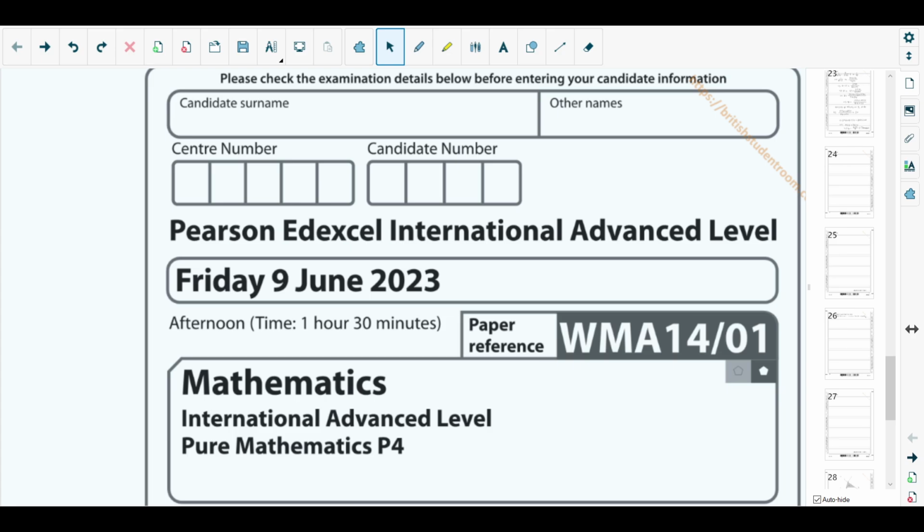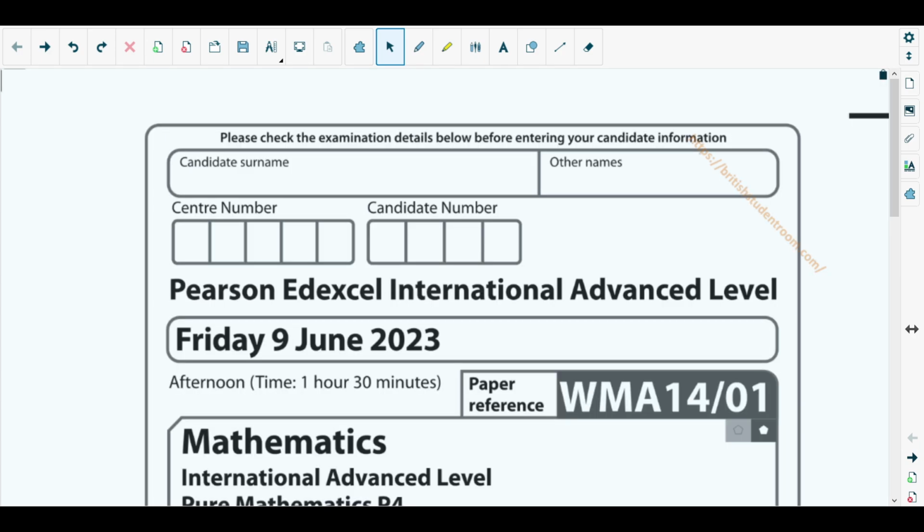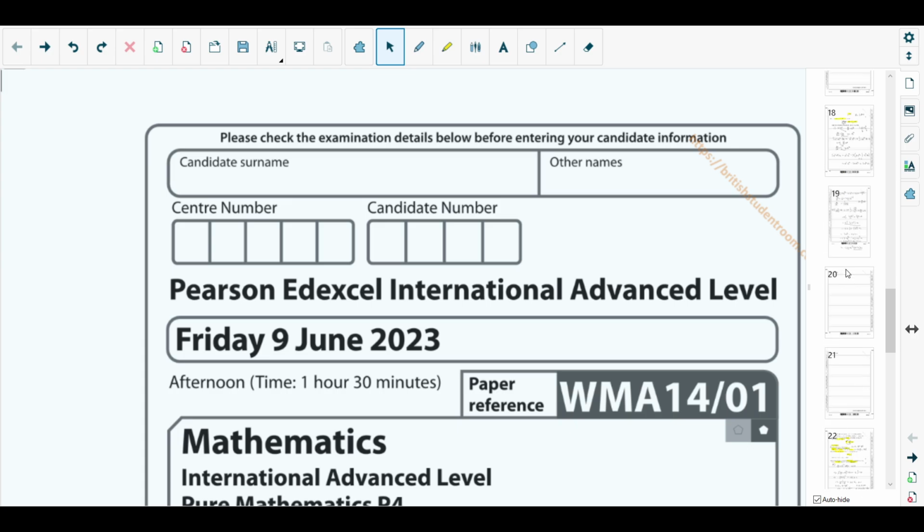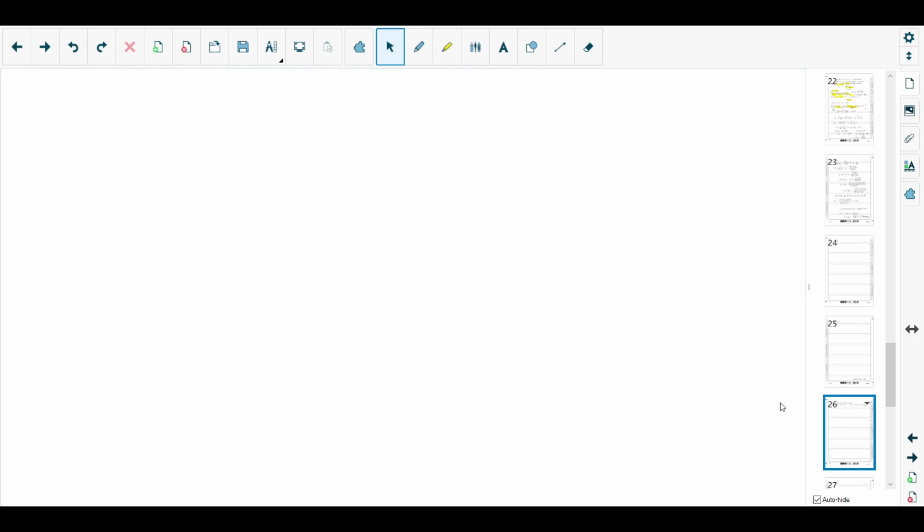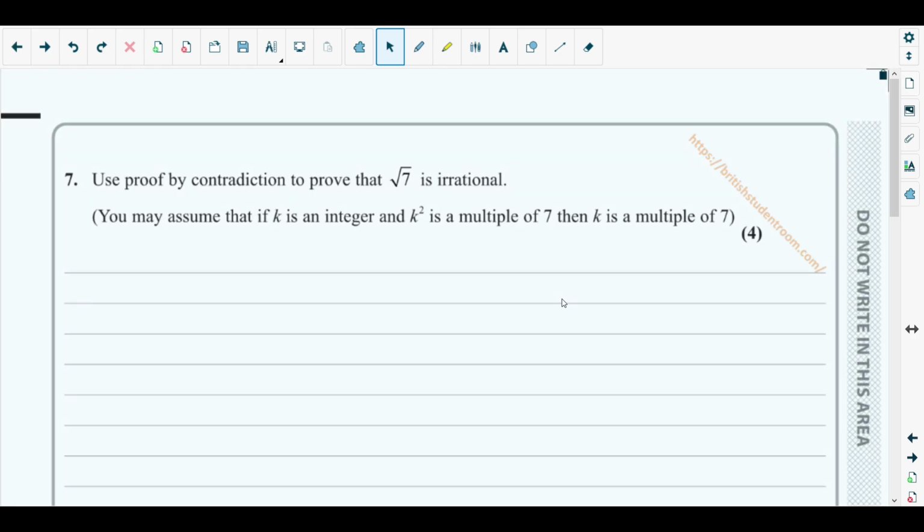So in this video we will be solving question number 7 from June 2023 P4 paper. So let's see what question number 7 is about. Basically it's from proof by contradiction, that has been discussed in the very first chapter, chapter number 1 of your P4 book.